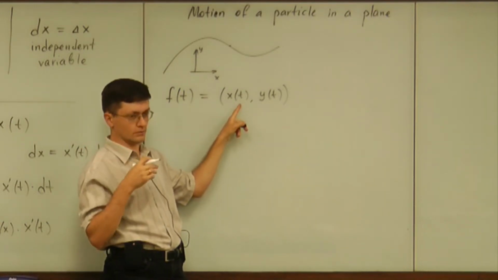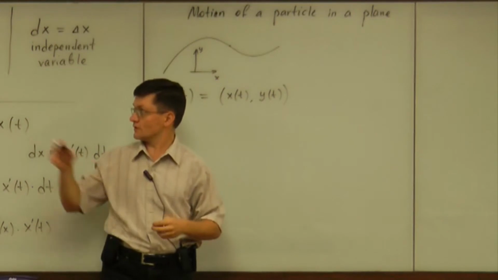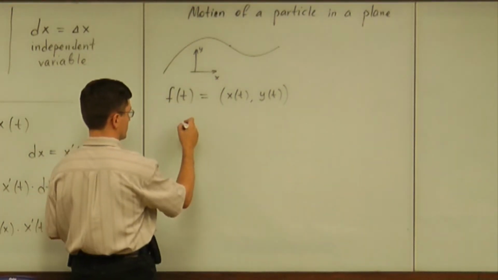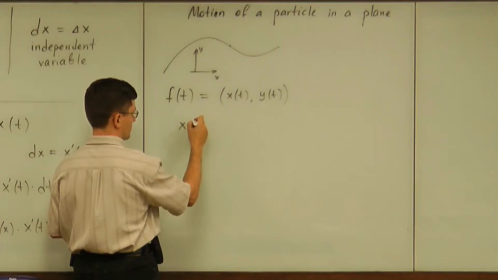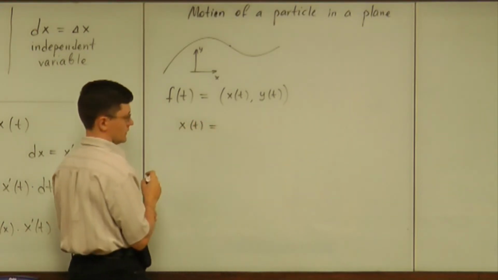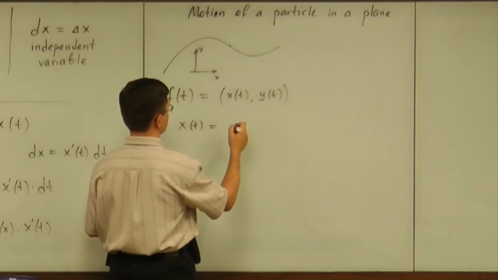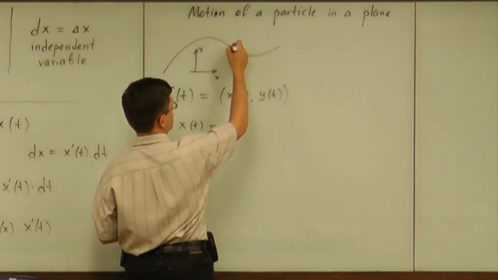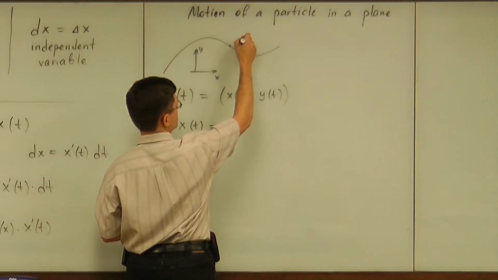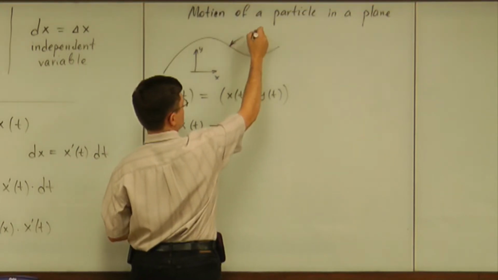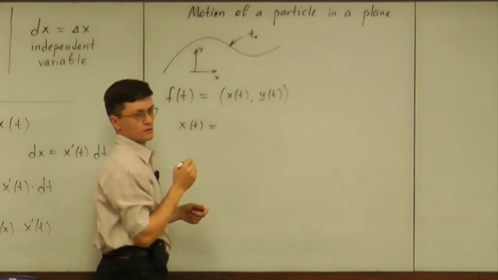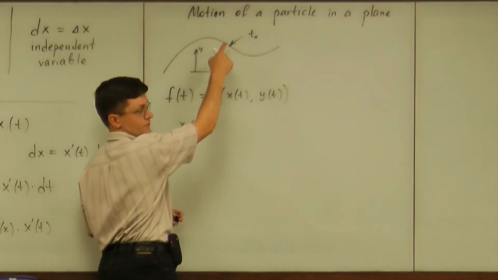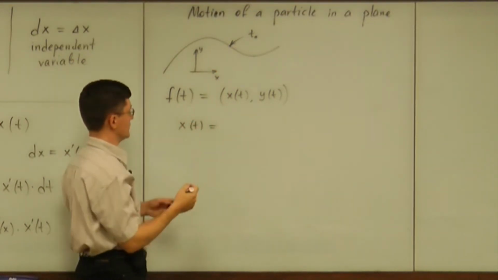X of t can be written as Taylor series. Y of t can be written as Taylor series. So let's write them. X of t is, of course, to begin writing Taylor series, we have to fix some moment t0. This is the position of a particle at the time t0.